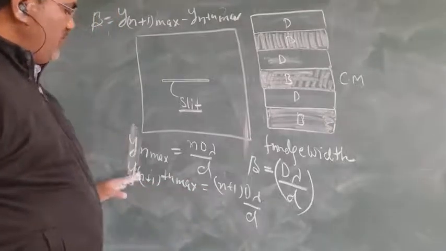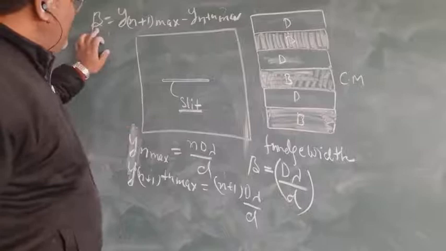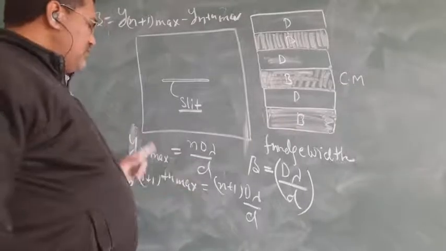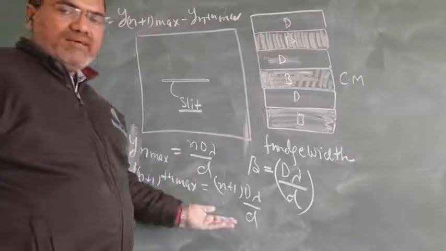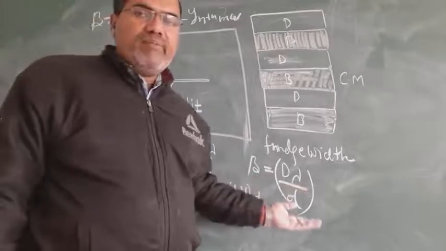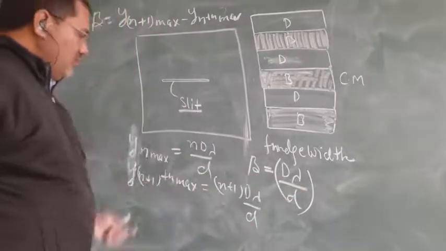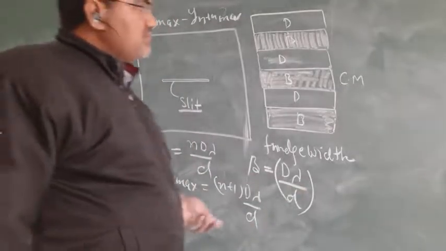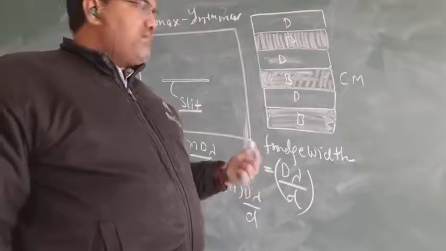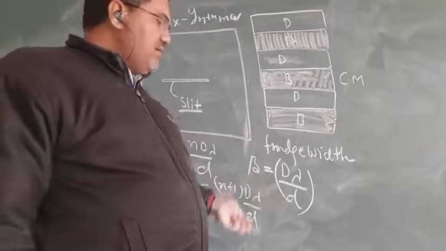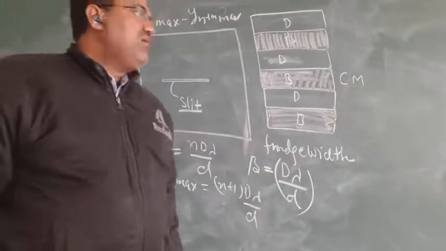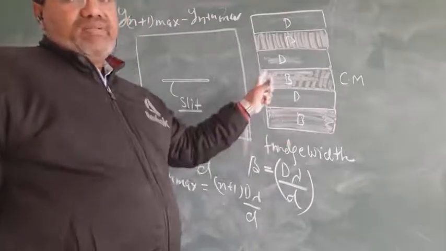If you wish to find fringe width, then you subtract the position of n plus 1th maxima minus the position of nth maxima. You will get fringe width, that is d lambda by d. Similarly, you can also find n plus 1th minima minus nth minima. You will also get the same result. So fringe width is the same for dark fringe as well as bright fringe.